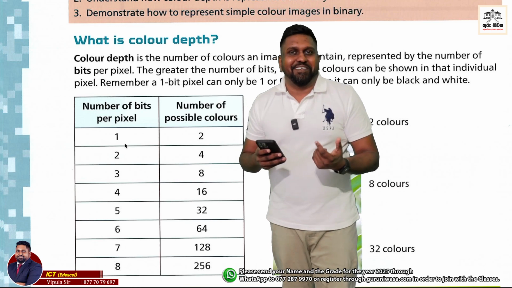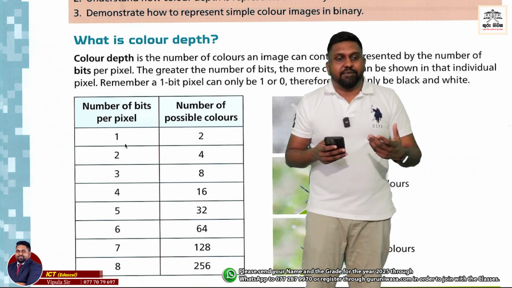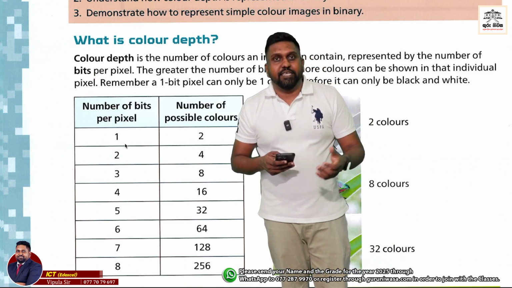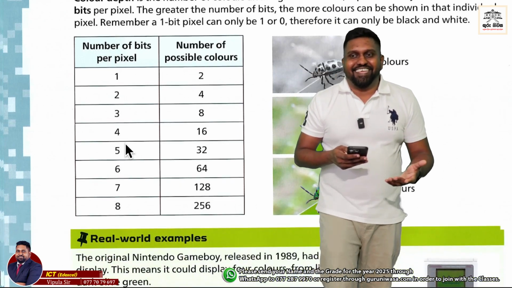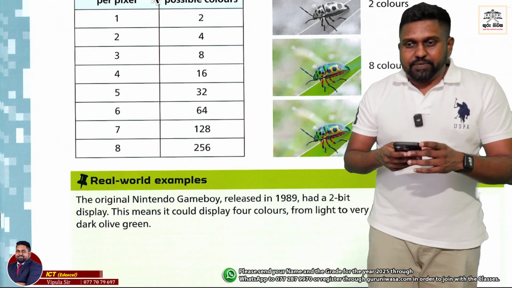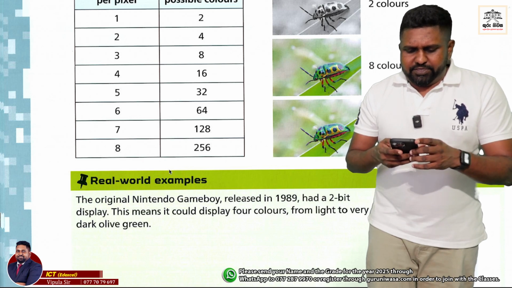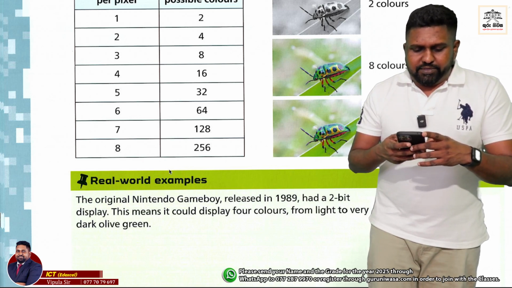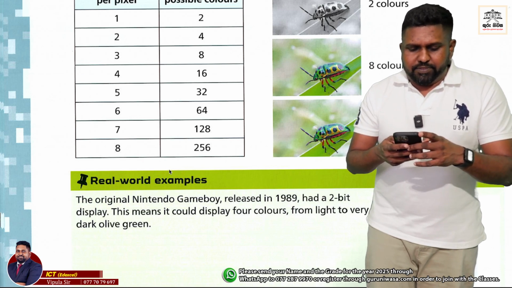That means even if it is a small image, the file size would be much higher. Let me try to show you the picture which I just took. If you get the information of it, you should be able to see.